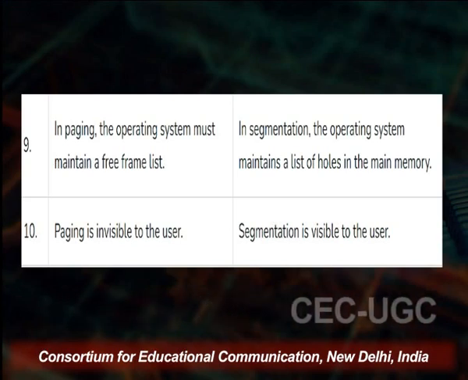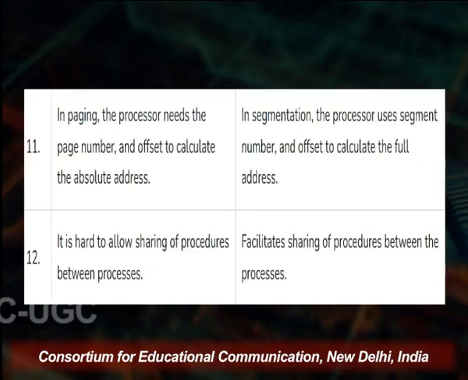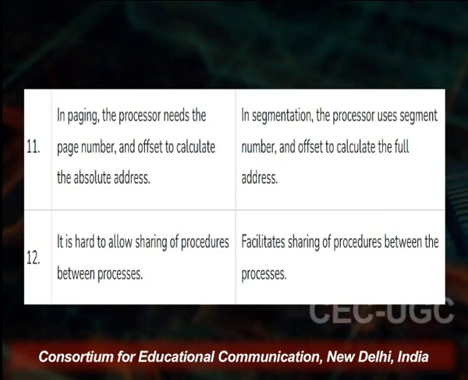Paging is a technique which is invisible to the user, while segmentation the user can see or control. In paging, the processor needs the page number and an offset to calculate the absolute address, while in segmentation the processor uses the segment number and the offset to calculate the full address.